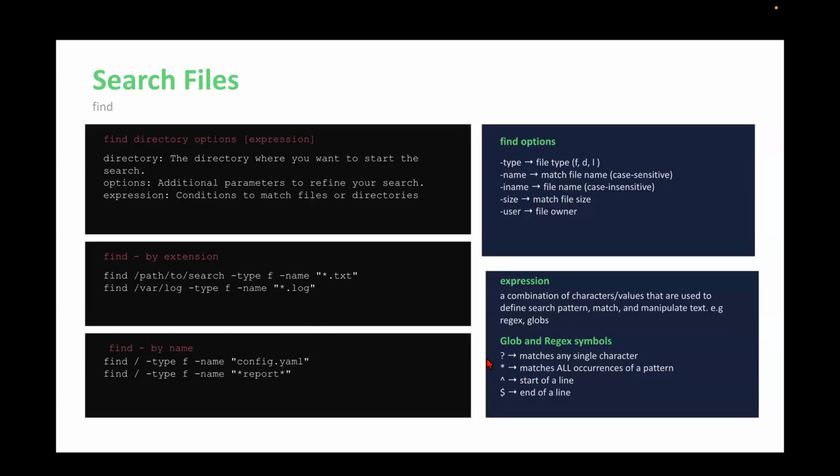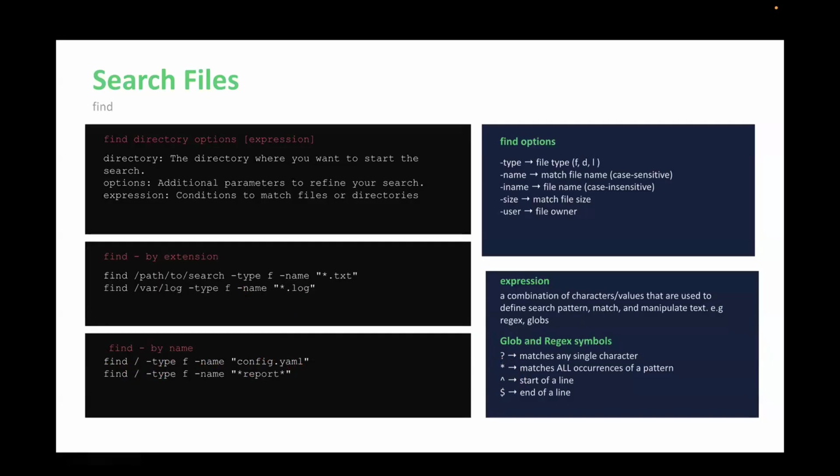Now, I'm going to show some examples with these globs, but let's just quickly look at my example with finding by name. So of course, in this first example, find is going to the root directory. That means you are looking for this file named config.yaml, and you are starting from the root directory.